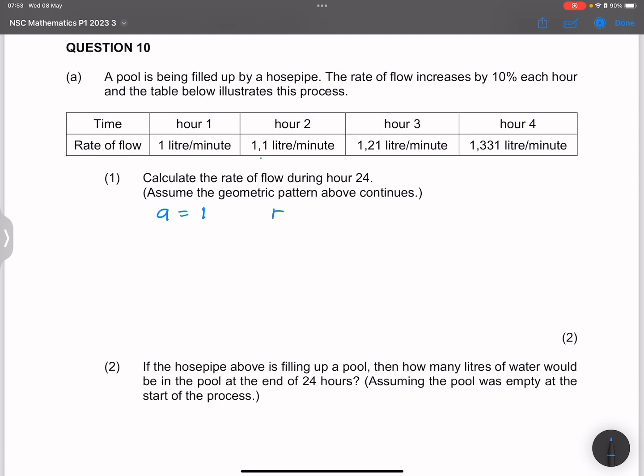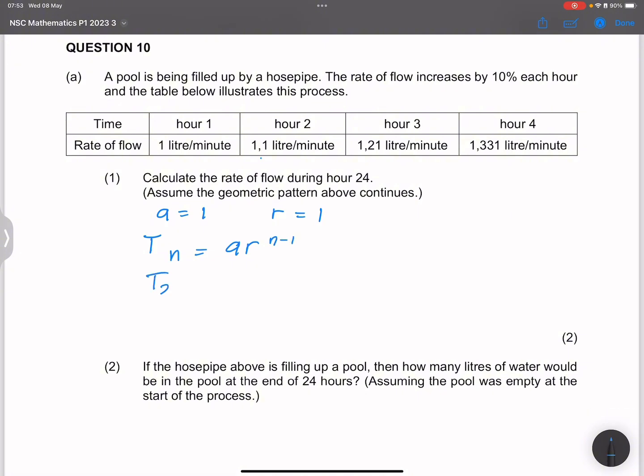So our r value will be 1.1, right? Now they said we need to find out the rate of flow in 24 hours. So that would mean that we're looking for T24. And remember, Tn is a r to the n minus 1.